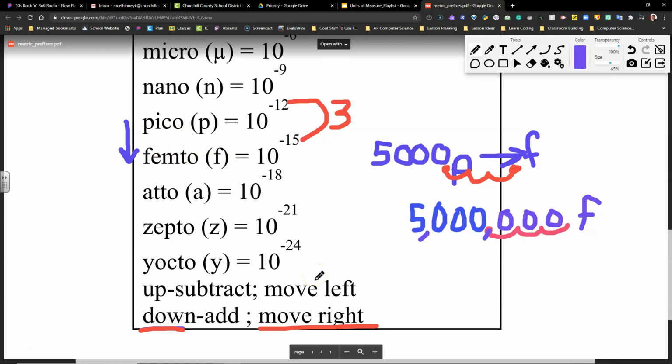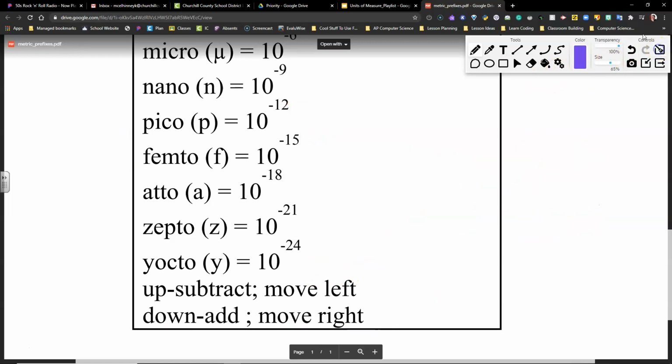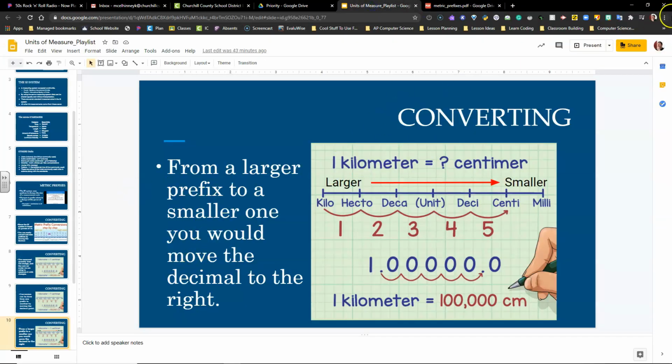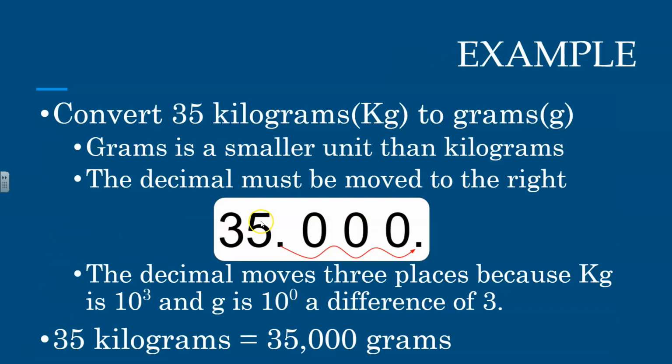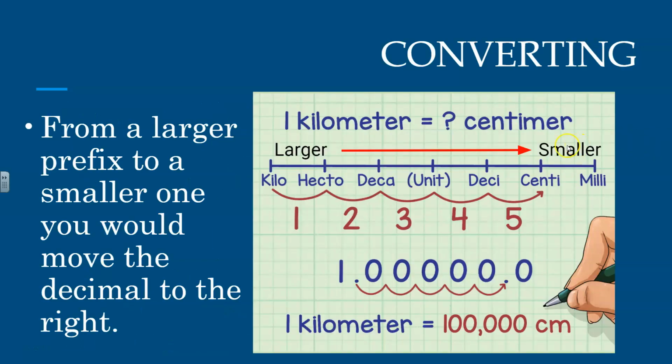Hopefully you're getting this idea. We will practice it some more. So again, if we are going from a larger prefix to a smaller one, we move the decimal place to the right. Here's an example. If we convert 35 kilograms to grams, grams is smaller than kilograms, so we're going from a larger unit, kilo, to a smaller one, grams.